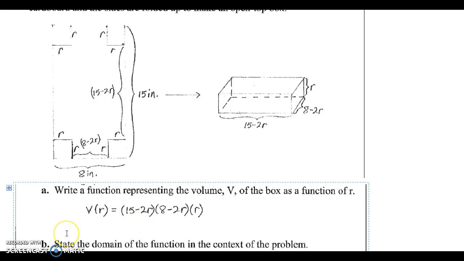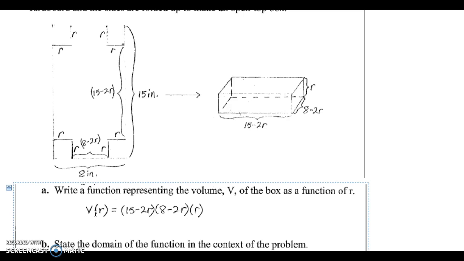Part B says state the domain of the function in the context of the problem. Normally, when we are asked about domain, we're asked about the x values. Because R is in the place where x normally is, we're really asking ourselves, what are our possible R values? Many times when we're looking at domain, instead of asking ourselves what are the possible values of some variable, we should ask ourselves what values are not possible.